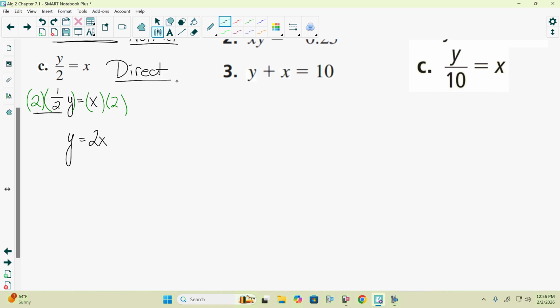Another way we can look at the equations, especially direct, y equals a times x equals a times y. x and y are both in the top of the fraction. They're not in the bottom, they're on opposite sides, so it has to be direct. If the variables are on opposite sides, one's on top, one's on bottom, y equals a over x equals a over y, it's going to be inverse.